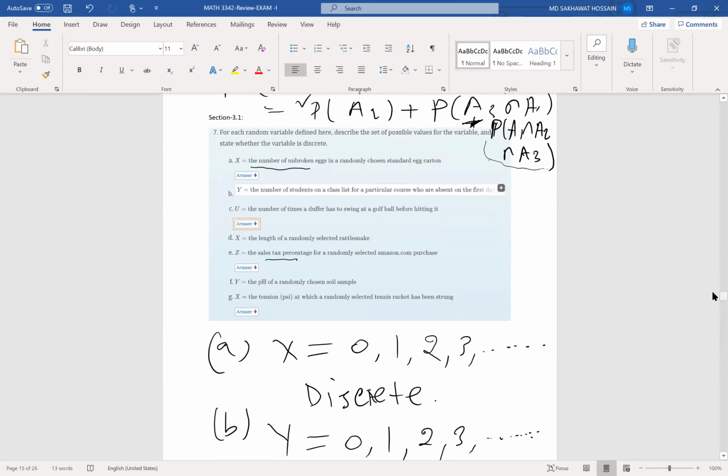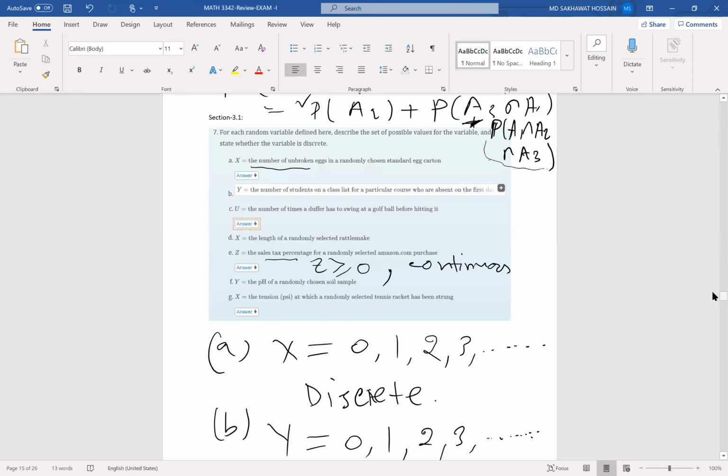So it can also take fractional numbers, so this is also continuous. Since this is the sales tax, it could be 0 or any positive number, so the possible values are greater than or equal to 0. Or you can just write 0 and all positive real numbers. And this is also continuous.